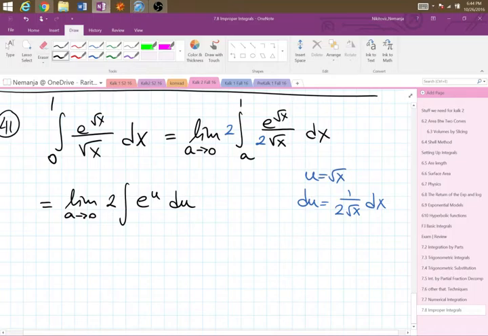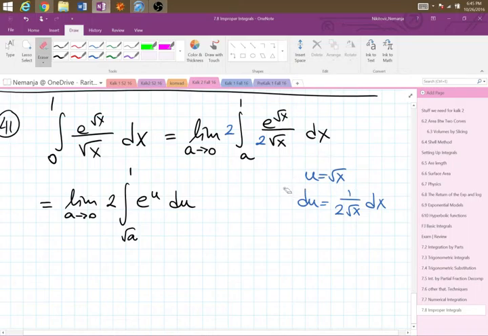Now, what's happening with limits? You will take a instead of x, right? So it's root a, and then you will plug in 1, and you will still have 1. Why does it become root a? When you use the transformation to go from the x domain into the u domain.